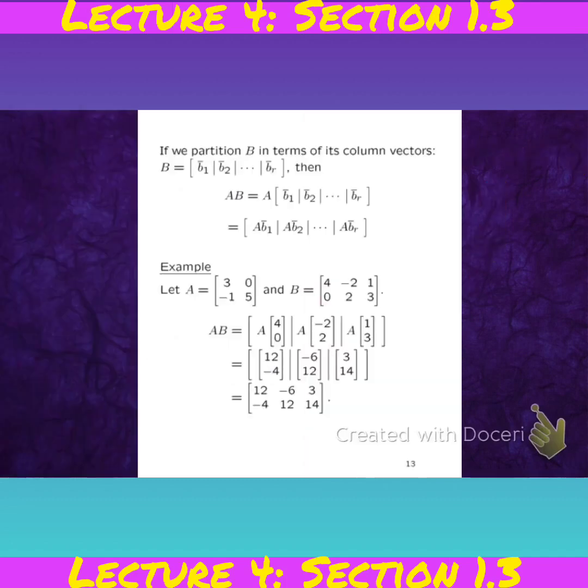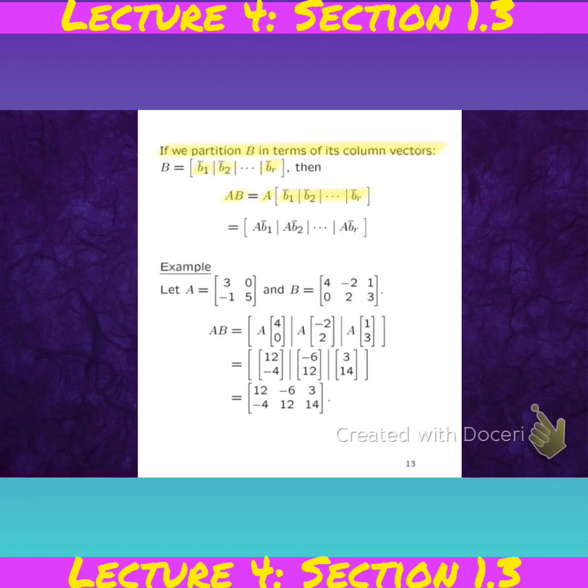Now another way to look at the product again is if we partition B in terms of its column vectors. So the first column vector of B you denote by B1 bar, B2 bar, up until Br bar. And if you write the product of A with B, it's the same as the product of A with the partitioned matrix B, partitioned into its column vectors.